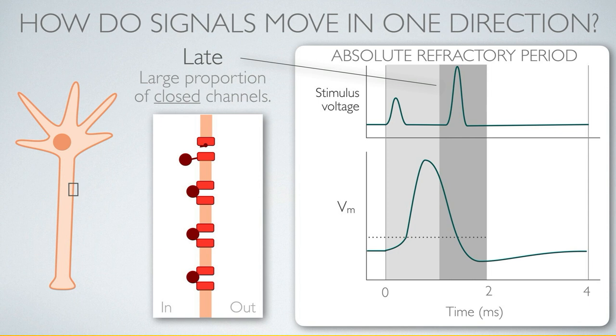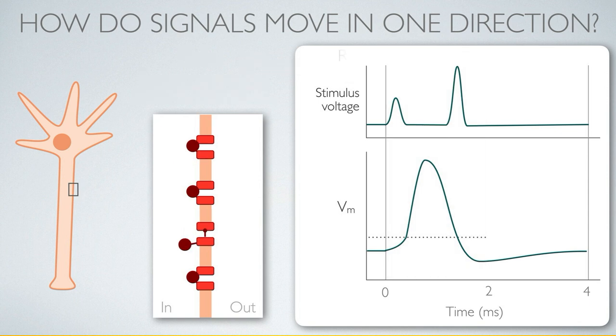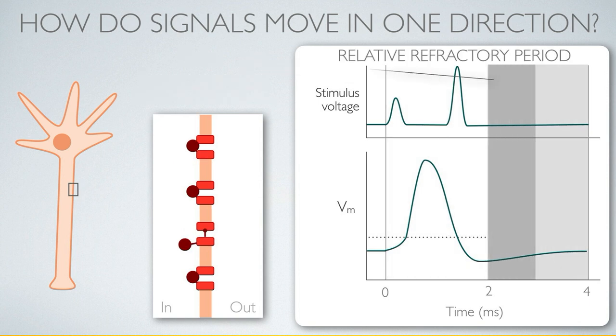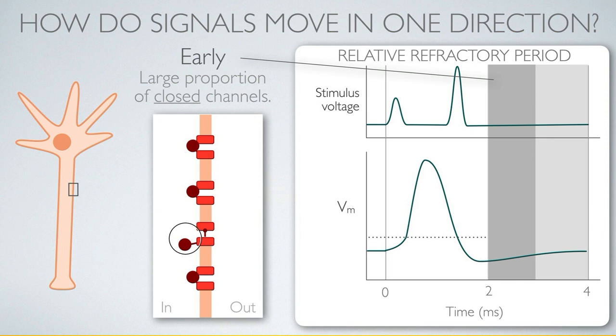Now, if we march through time and consider the relative refractory period, all throughout the relative refractory period, there's going to be some proportion of channels that are ready to be reactivated. And they look like this. The sequence from this state would be that the activation gate swings closed. And this isn't actually a door, of course.